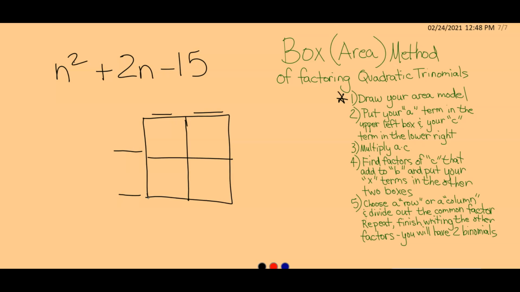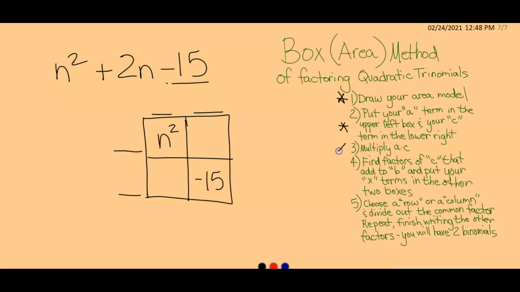Okay. Step 2. Put your A term in the upper left box, so my squared term goes up here, and put your C term in the lower right. Here's my C, so I'm going to write negative 15 here.